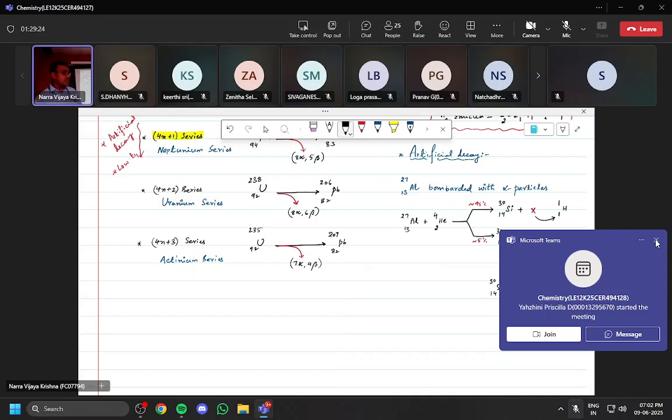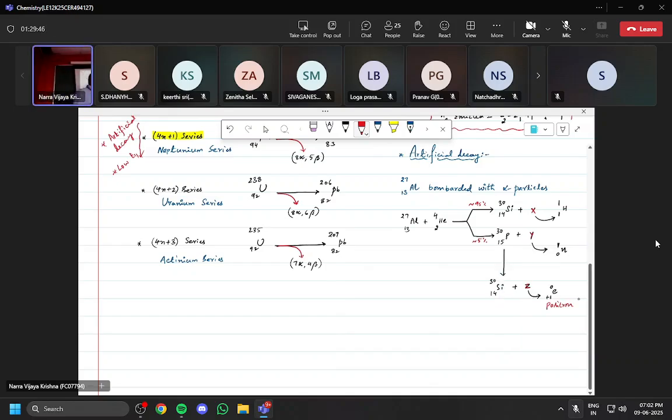Right? Now in this case, phosphorus-30 converted to silicon-30. So what is left? Atomic number 1, mass number 0. What we call it as positron. Sorry, electron means -1, I have to write. So this is positron.